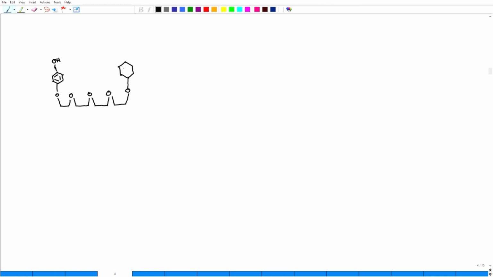That aromatic. If you look at your previous structure, you will have some sort of idea. 1, 2, 3, 4, 5.